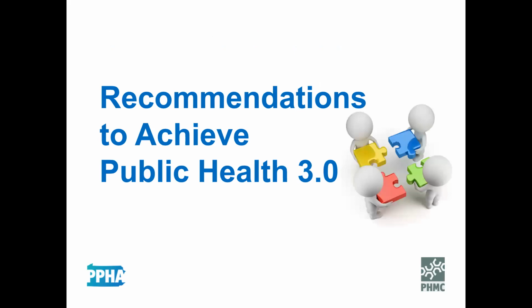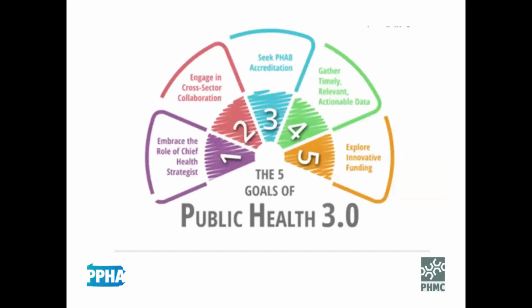The Public Health 3.0 model requires that local public health departments prioritize attention on the social determinants of health. They do this through deliberate collaboration across health and non-health sectors, especially with non-traditional partners. Well, let's look at what's recommended to achieve this.